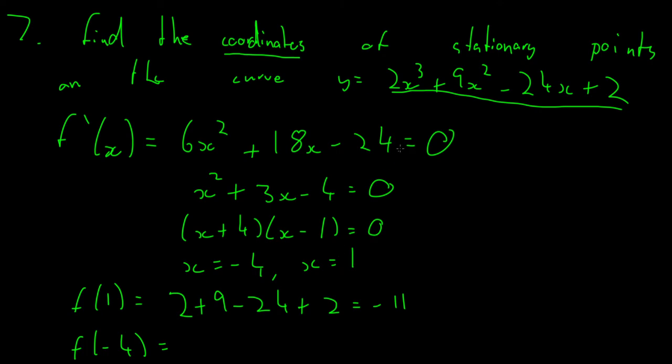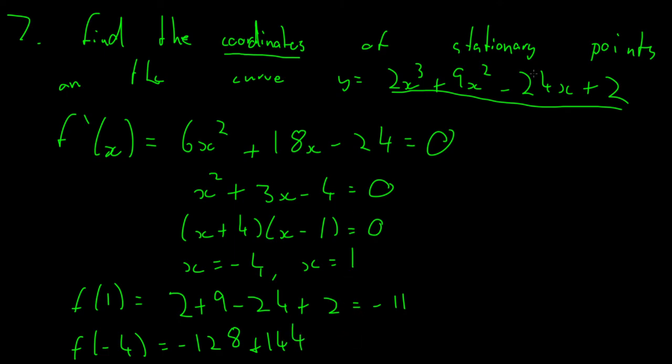Alright, so this one's a slight bit more complicated, because we have to actually do some stuff. So minus 4 cubed, that's minus 64 times 2, so minus 128. Minus 4 squared is just 16. 16 times 9 is 144, plus 144.